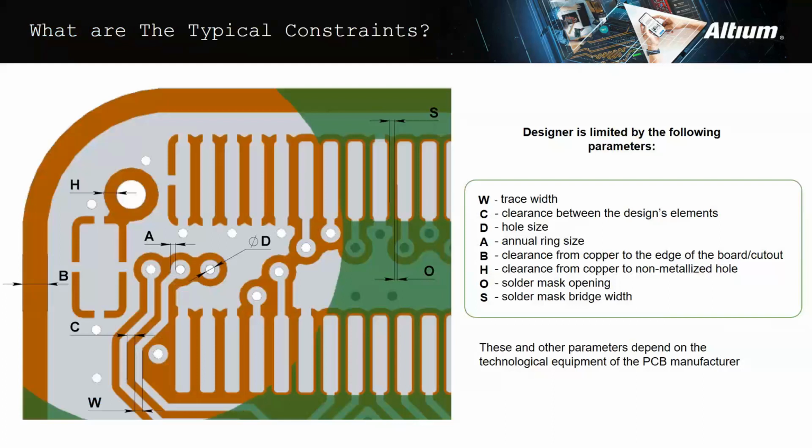First of all, the minimum width of a conductor and the minimum clearance between the design elements are indicated in the figure by the letters W and C. The minimum diameter of the plated hole is indicated by the letter D. The annular ring of the plated hole is the letter A. Clearance from design elements to the edge of the board or a cutout enclosed within a contour is indicated by the letter D. Clearance from the copper to a non-plated hole is indicated by the letter H. The size of the solder mask opening as well as the minimum width of the mask bridge between two adjacent openings are O and S respectively in the figure.